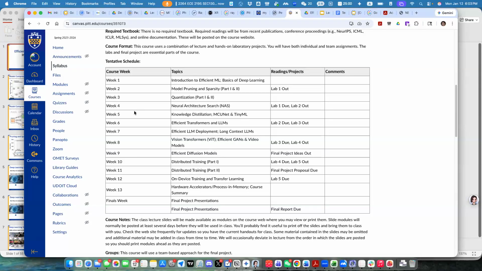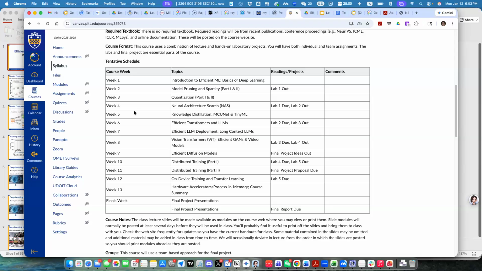I assume you have taken some deep learning class one way or the other. How many of you have already taken a basic deep learning class? Or you should at least have some basic knowledge of deep neural networks.